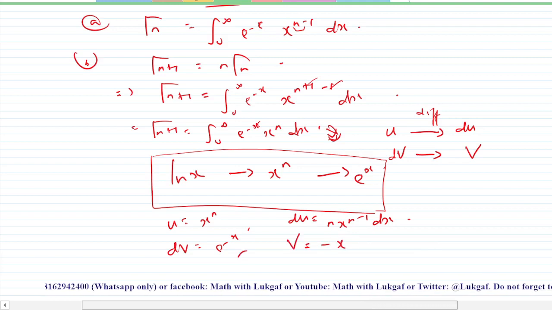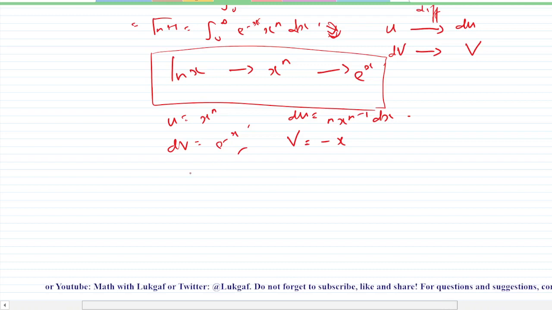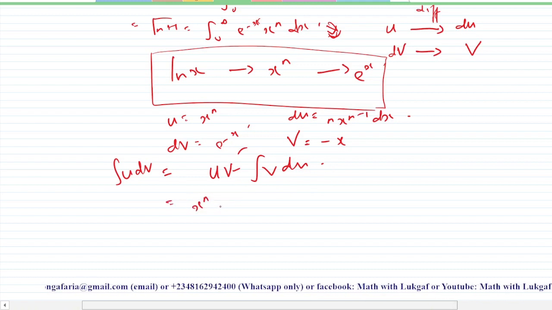If that is clear, then you substitute into the integration by parts formula. Recall that the integration by parts formula is uv minus the integral of v du, when you want to integrate u dv. So you are going to have uv minus the integral of v du. My u here is x raised to the power n. Your v is minus e raised to the power minus x.